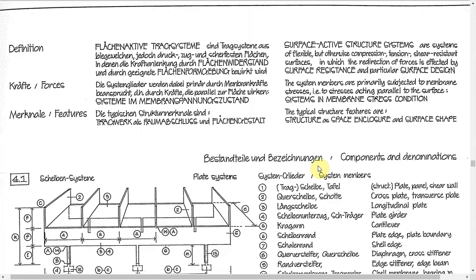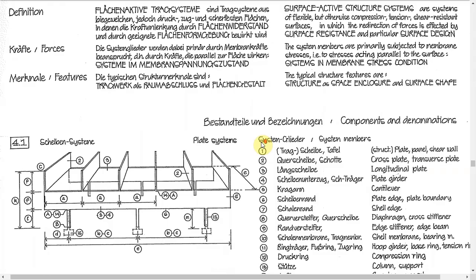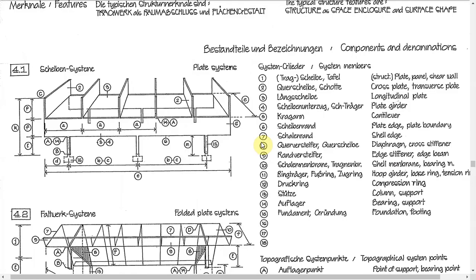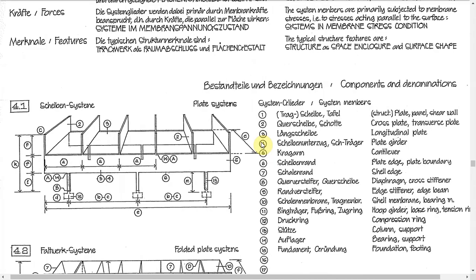Now, the typical structural features are structure as space enclosure and surface shape. So, broadly based on these criteria, surface active structure systems are divided into four different categories.